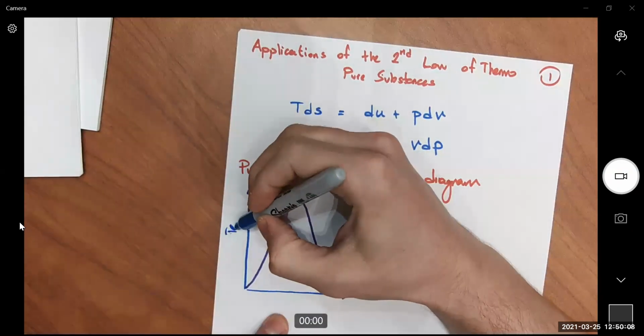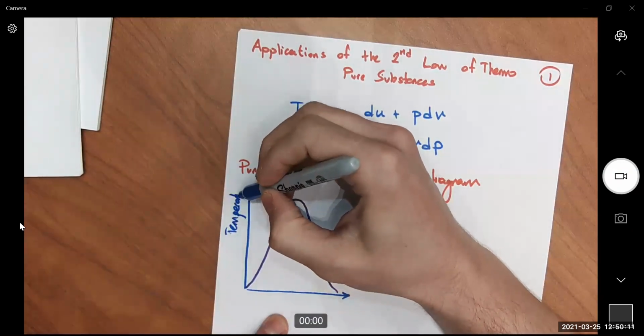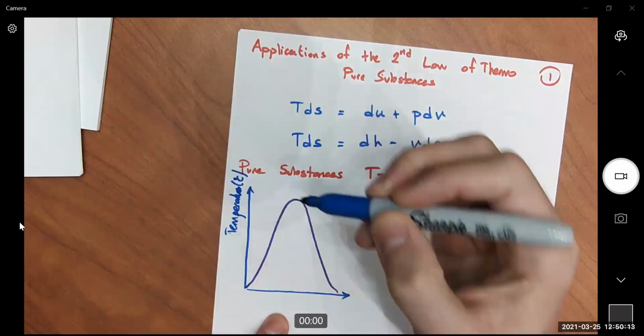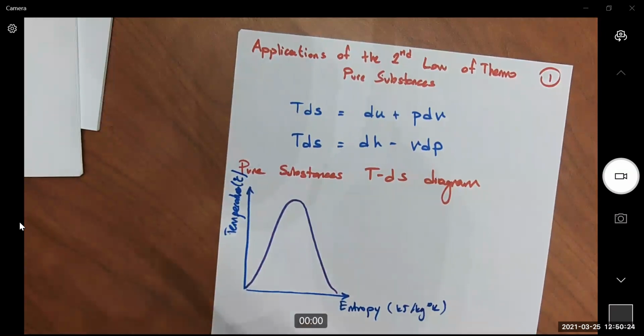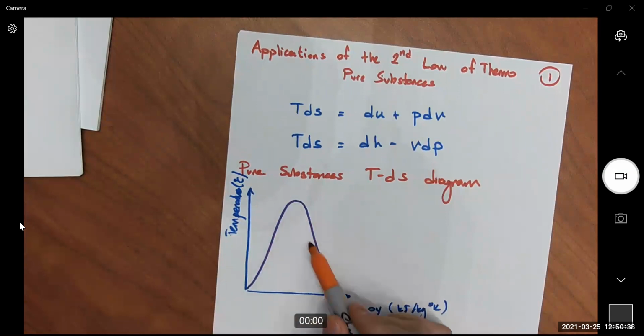The y-axis is usually for temperature, Celsius or Kelvin, and the x-axis is for entropy, in joules per kilogram Kelvin. Remember, from a PV diagram, same rules, same regions, everything is the same. On a TS diagram, this curve looks symmetric.